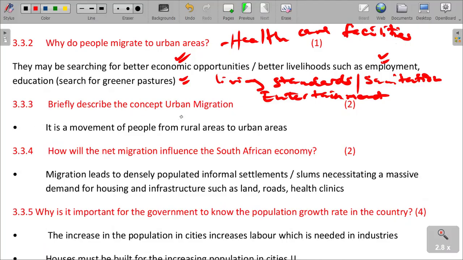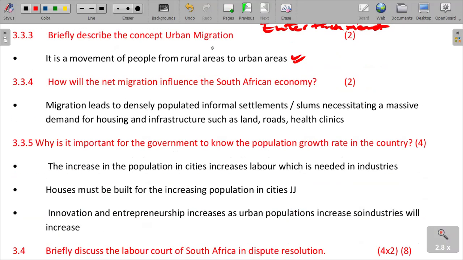Briefly describe the concept of urban migration. It is the movement of people from rural areas to urban areas, which we just mentioned, and which we call urban migration. And then how will net migration influence the South African economy? I'm sure I've already touched on some of the points here.